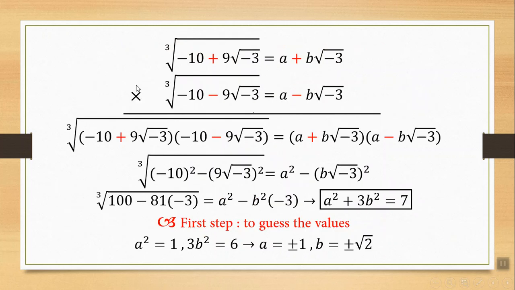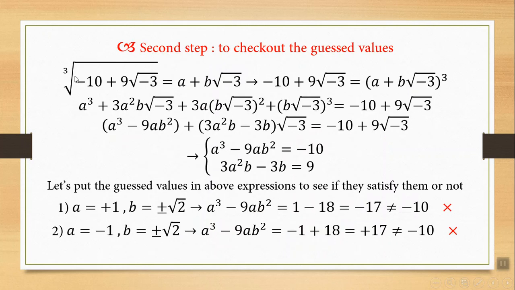Here we choose the first expression. We take both sides of this expression to the power of 3. And after simplification of this expression, we will have a cubed minus 9a b squared equals negative 10 and 3a squared b minus 3b equals 9.